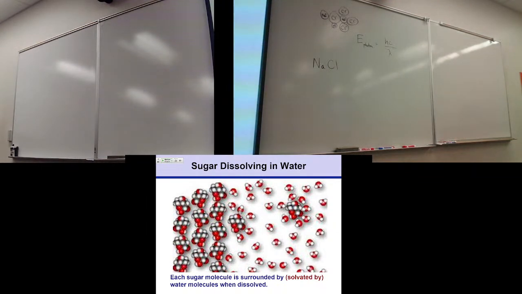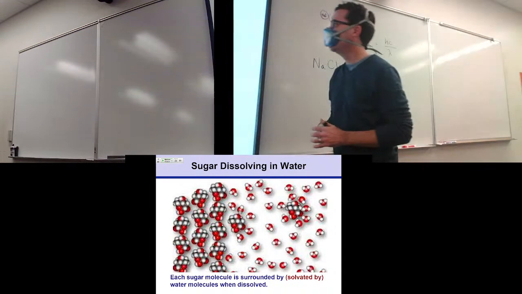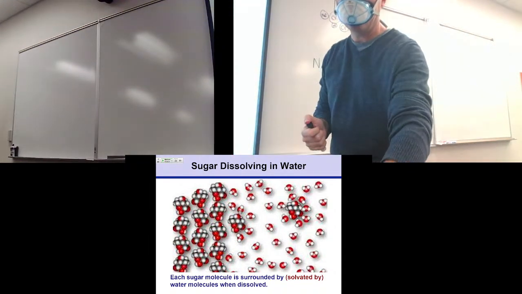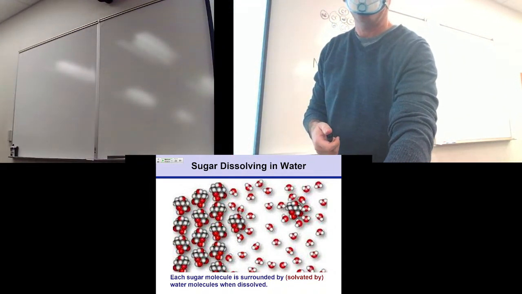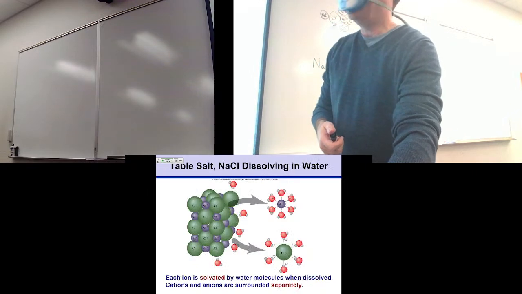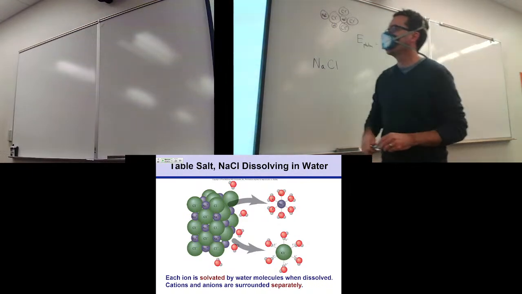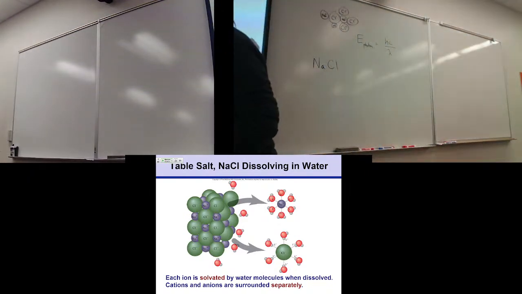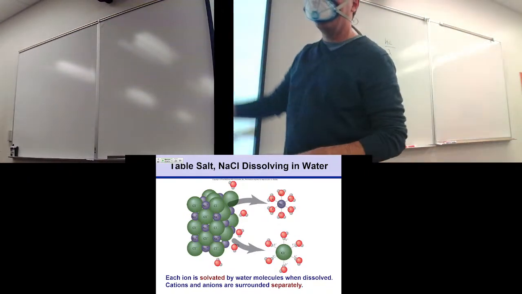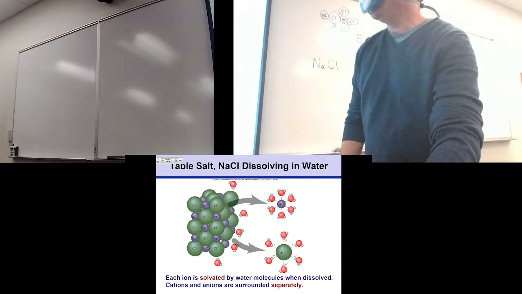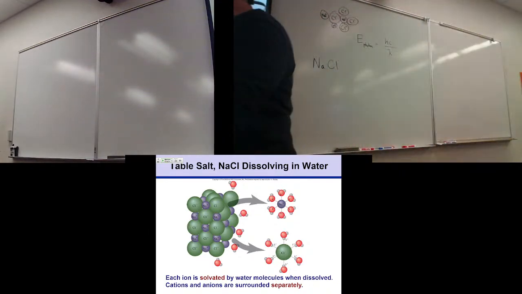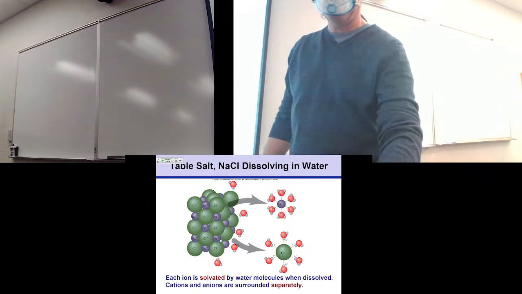All that's happening are these sucrose molecules are getting separated and evenly distributed in this solution, in the solvent. And that happens the same with sodium chloride, table salt. We're not going to worry about the orientation of these molecules. That's a 222 thing. But these ions are being surrounded by water molecules, basically.